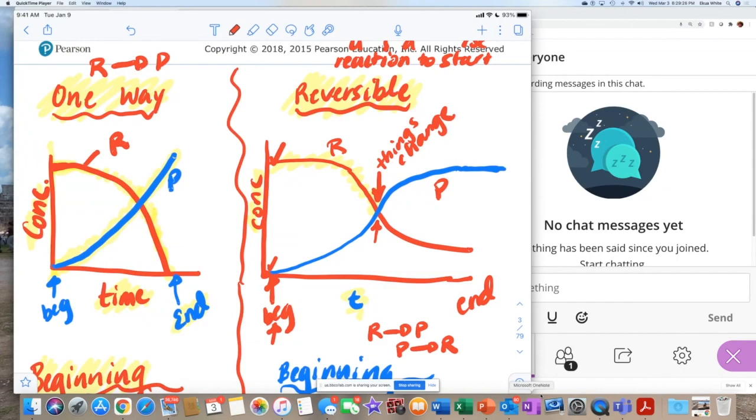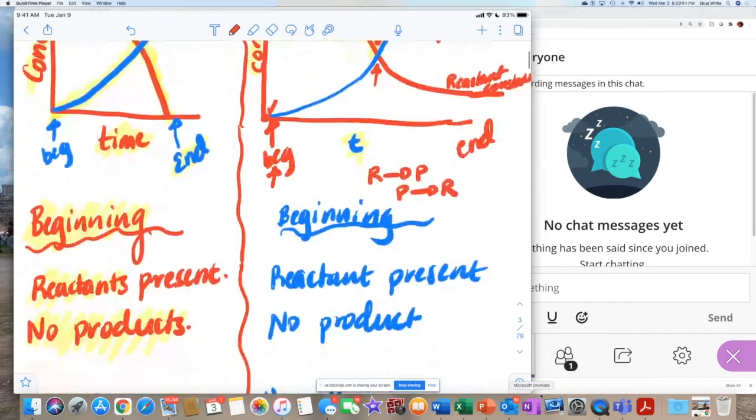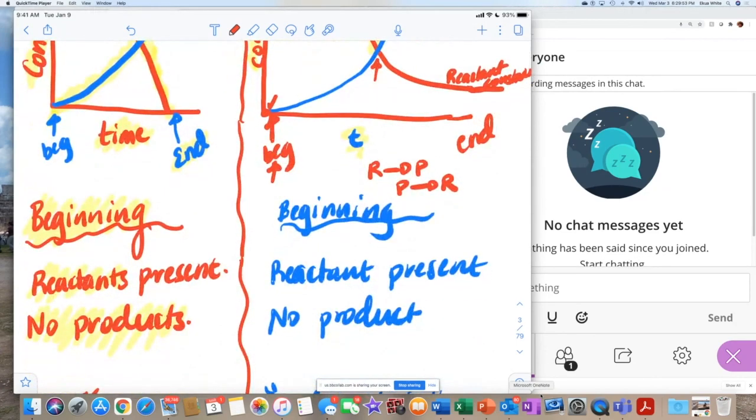When this happens, the concentrations of your product and reactants change until they get to a point where they are constant. So the reactant concentration is going to be constant, and then the product concentration will also be constant. If you look at the picture, it flat lines. The flat lines mean no more changes.